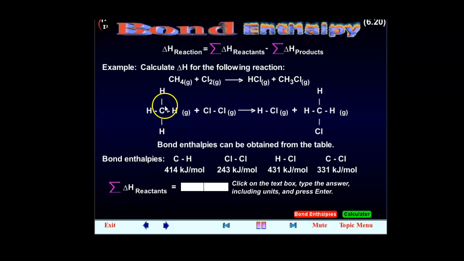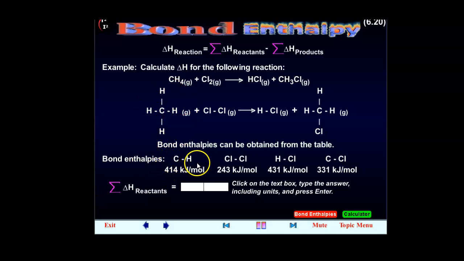So for the reactants, you are going to have Cl-Cl, which is 243, and then you have CH4. We have C-H 1, 2, 3, 4, so we have 4 C-H bonds.